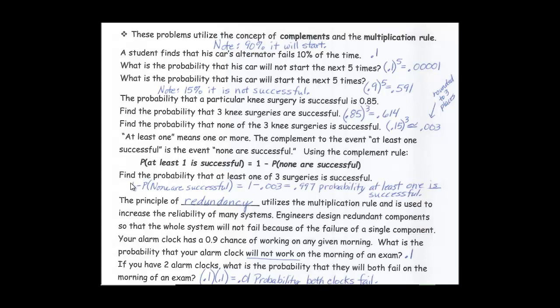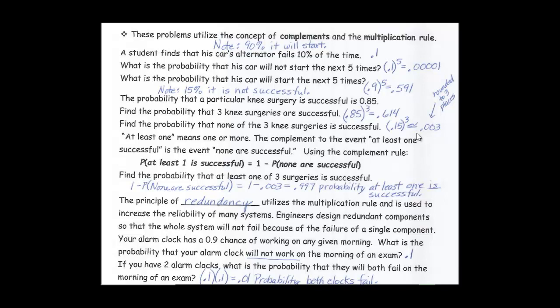Now we're going to be finding the probability that at least one of the 3 surgeries is successful. At least one would include 1 being successful, 2 being successful, or 3 being successful. And that would be the whole sample space other than the probability of none being successful. So it kind of makes sense that these two concepts, at least one and none, are complements of each other.